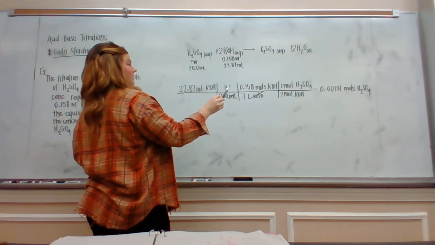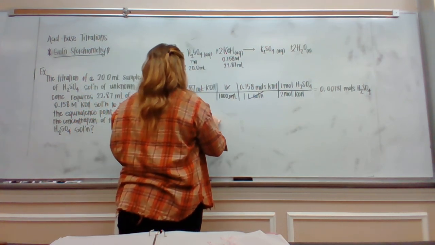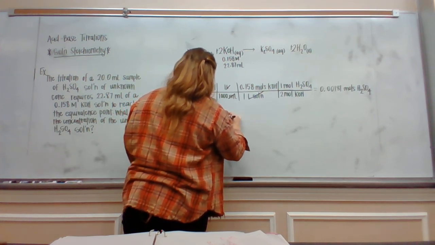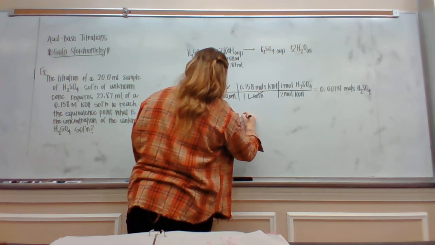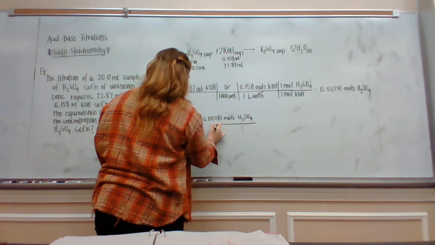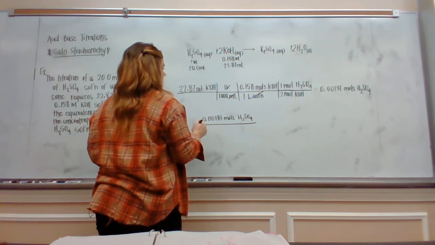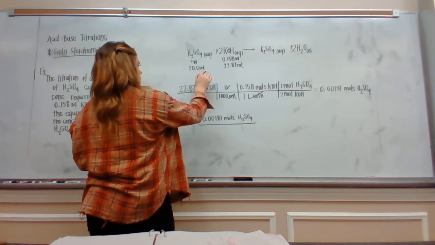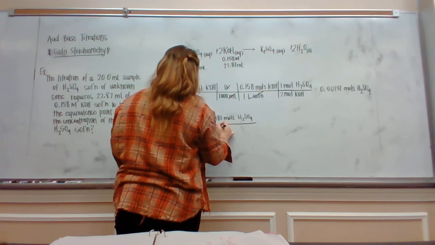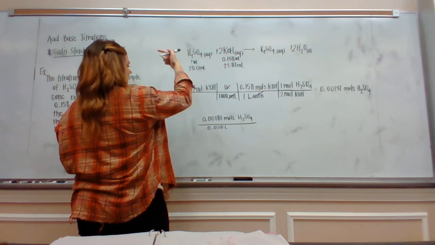So now if I take that moles in this volume, I can find molarity. So it'd be 0.00181 moles. This 20 mL needs to be in what? Yes, so that I'm just going to do real quick. I'm just going to move my decimal 3 places to the left.